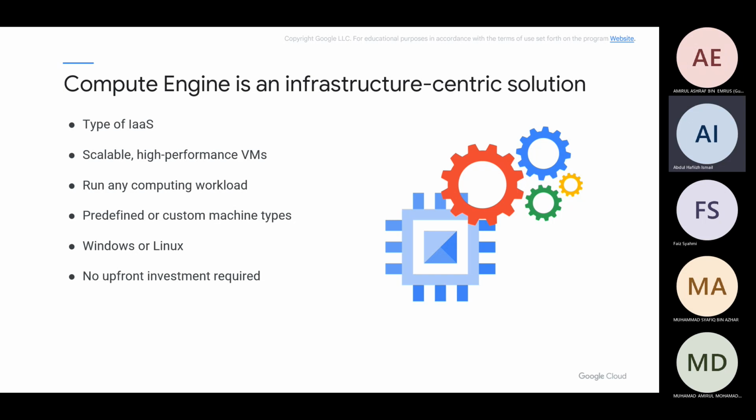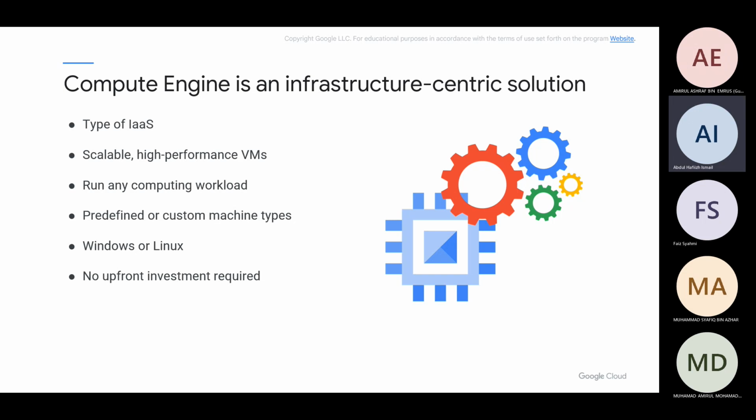So you can run any computing workload on Compute Engine, such as web server hosting, application hosting, and/or application backend. Virtual servers are available in many configurations, including predefined sizes.